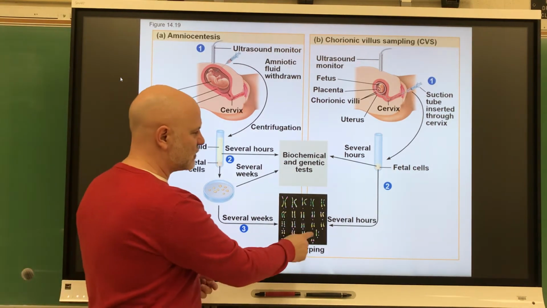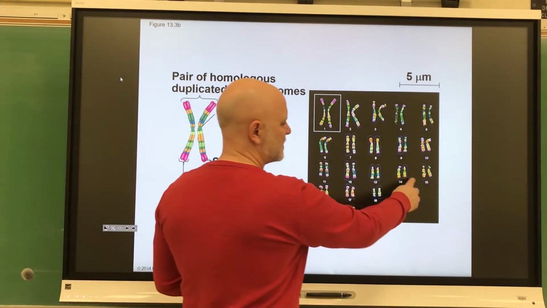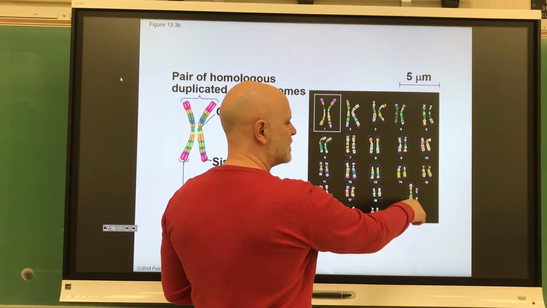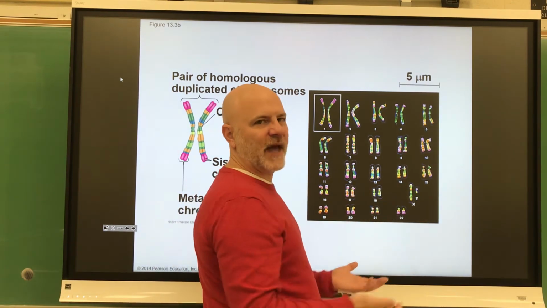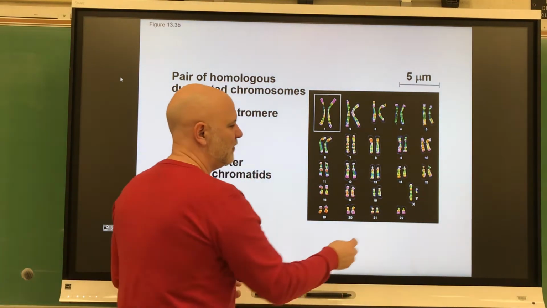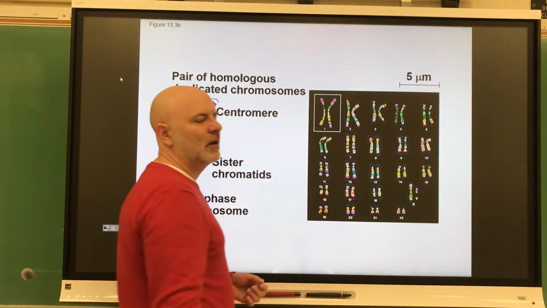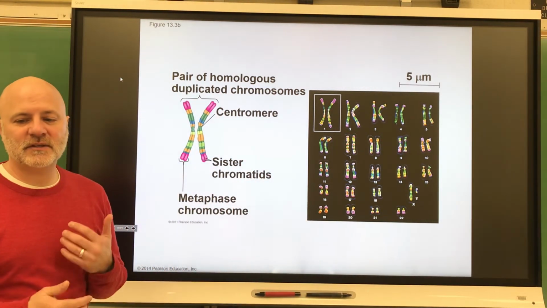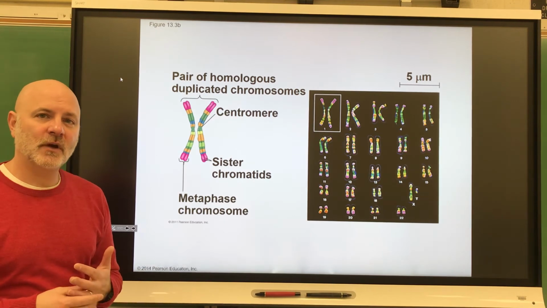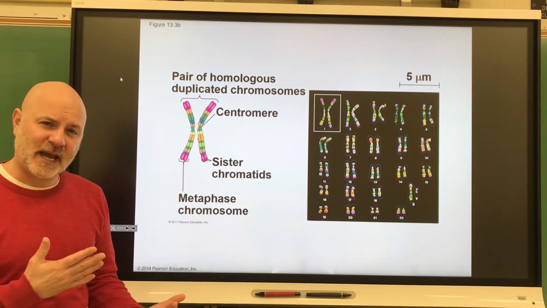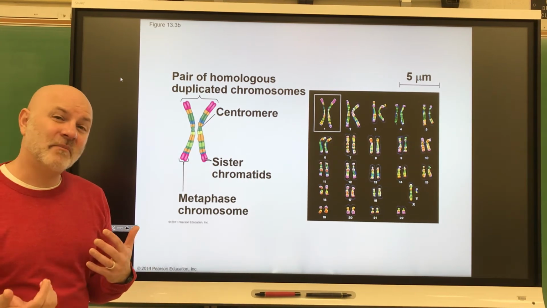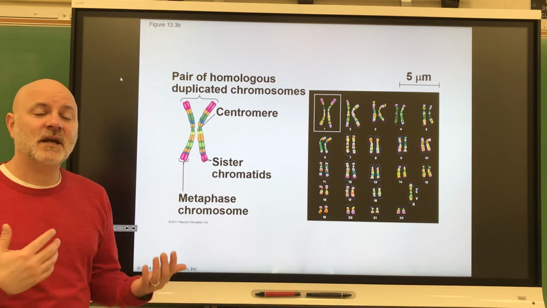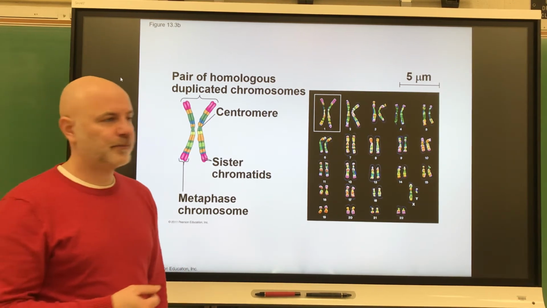If it's in a sex chromosome, and you just get a Y chromosome, that doesn't develop either. But if you get just an X chromosome, that will develop. This is known as Turner syndrome. This is a person who's usually short in stature, might have some mental deficiencies, and they're typically infertile.